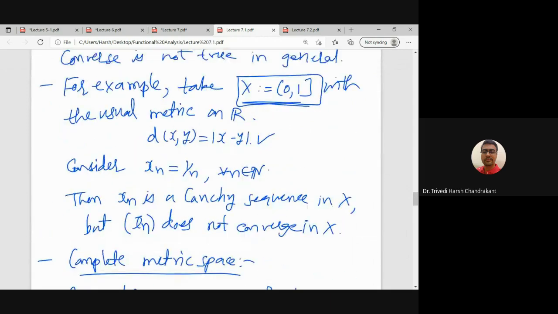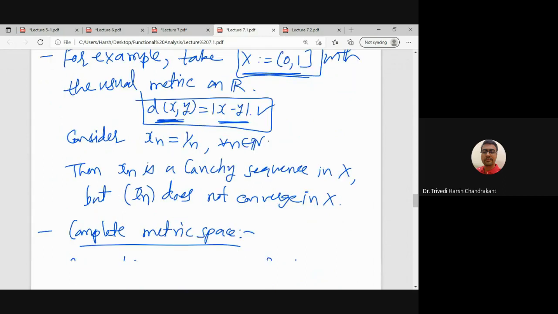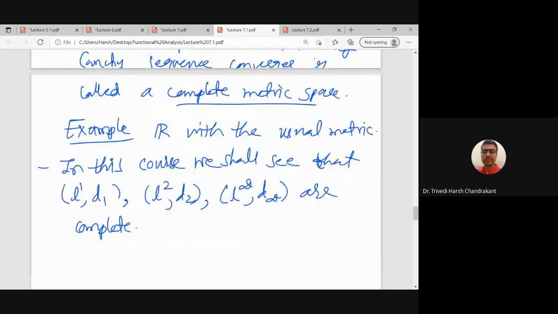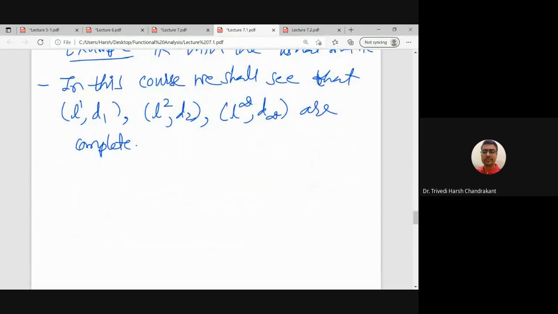So for example, if we have a norm which is modulus, we can get a metric, and if we have a metric that is mod x minus y, using that we can define modulus of x. So both of these things are related to each other.